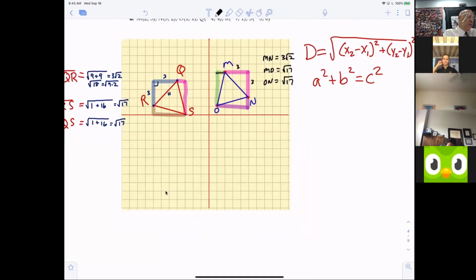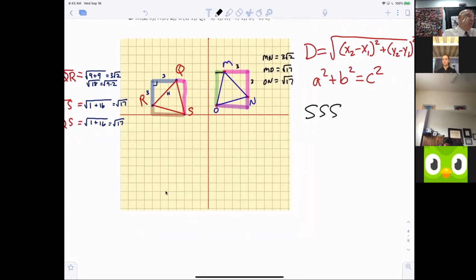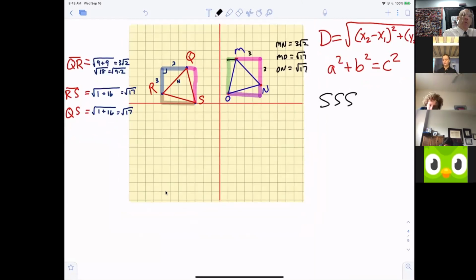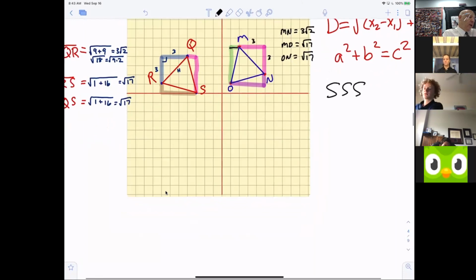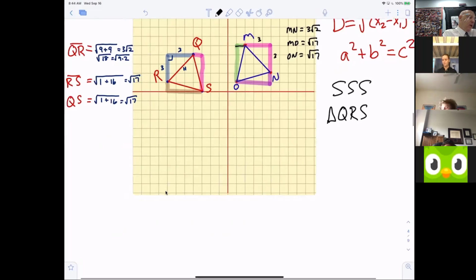So now, are the triangles congruent? The triangles are congruent by side, side, side. Now, I want to write the congruent statement here, guys. I like to do it in alphabetical order, P, Q, R, S. So triangle QRS. Now, QR is 3 radical 2, right?